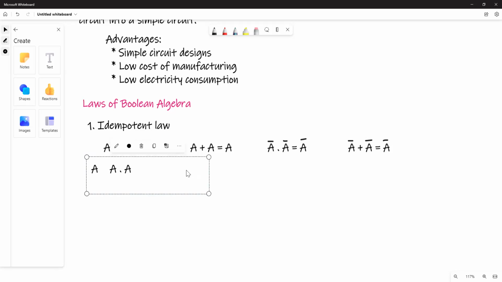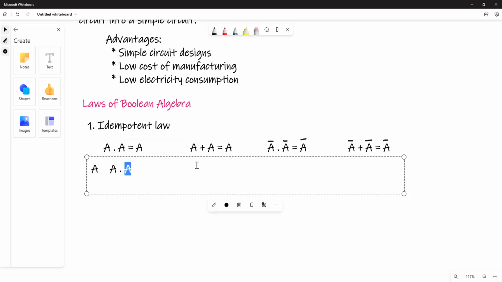So here also, we can have A, then we can have A plus A. Similarly, we can have A bar, then A bar dot A bar.